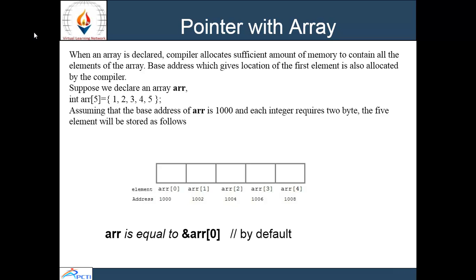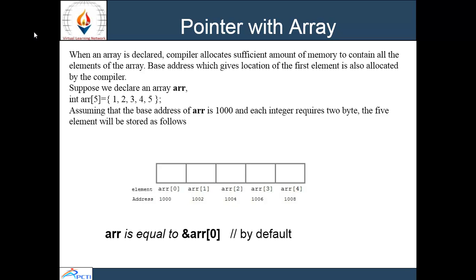Pointer with array. When an array is declared, a compiler allocates a sufficient amount of memory to contain all the elements of the array. So the base address, which gives the location of the first element, is also allocated by the compiler.